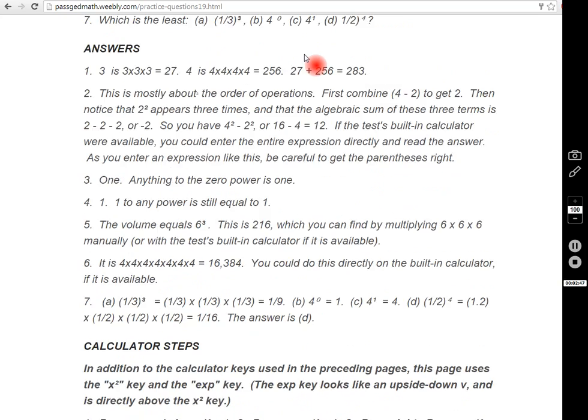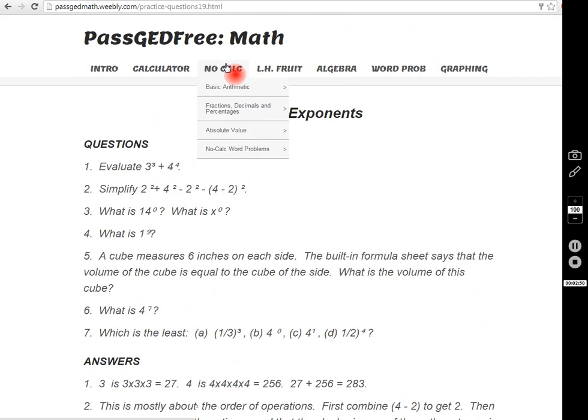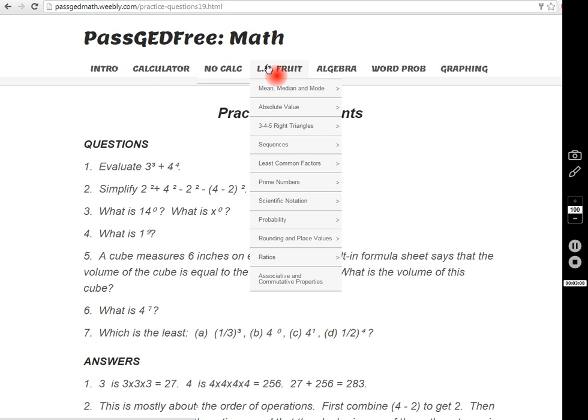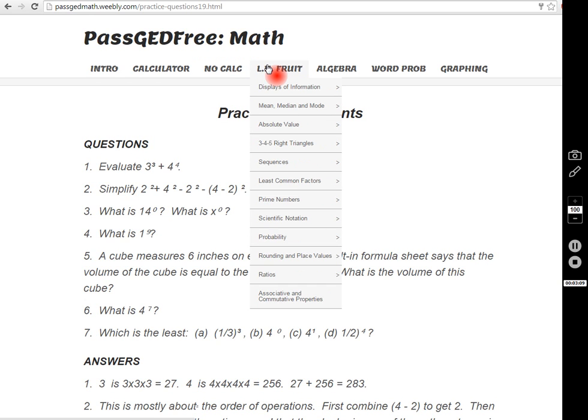Now next, the no calc section of the website helps you prepare for the 5 questions in part 1 of the test where you can't use a calculator. If you learn and practice the skills in this section, you can get another 15 points on the test at least.